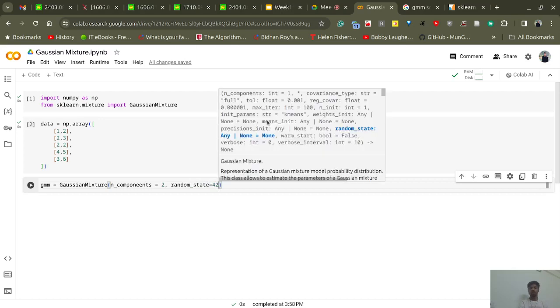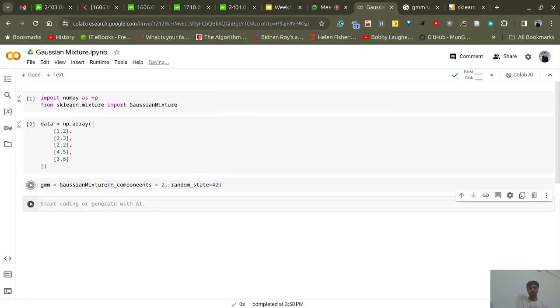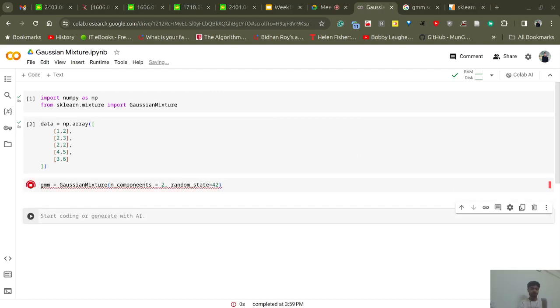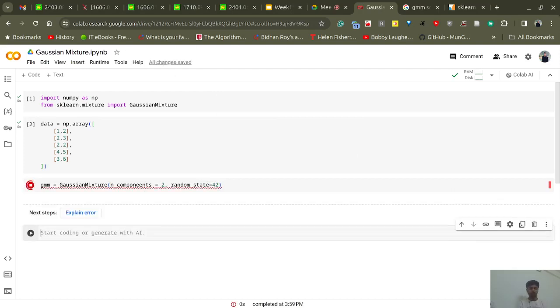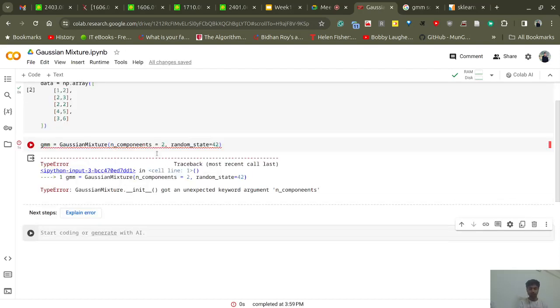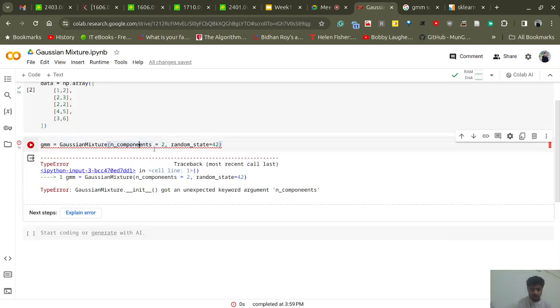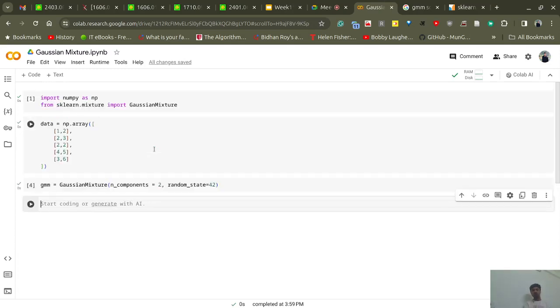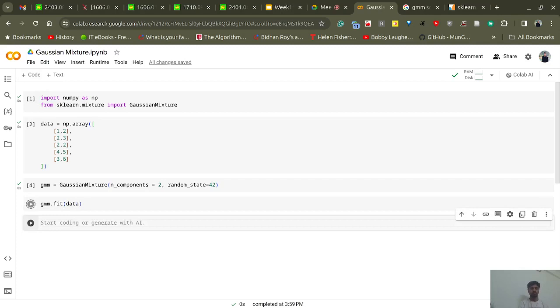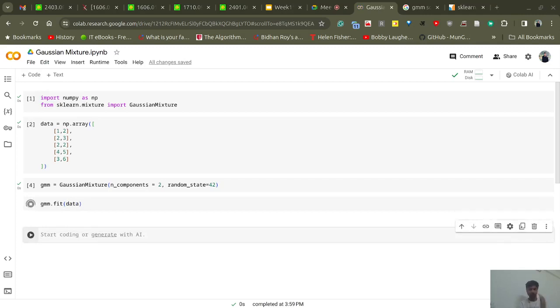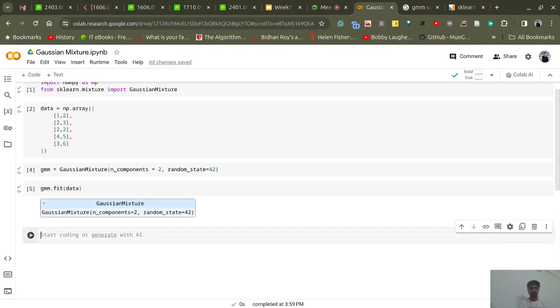Let's run this. There is some spelling mistake. Yeah. So we have initialized the GMM model, and then we have to fit the data to the GMM model, so gmm.fit(data). Okay, so it has been trained.